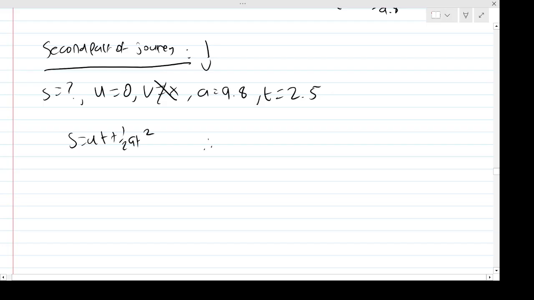So s then I'm going to call y. Now I used x last time. I just don't like using s. You can use s. It'll look like a 5, I know it will. So then y for my distance is going to be 0 plus a half of 9.8 of 2.5 squared.